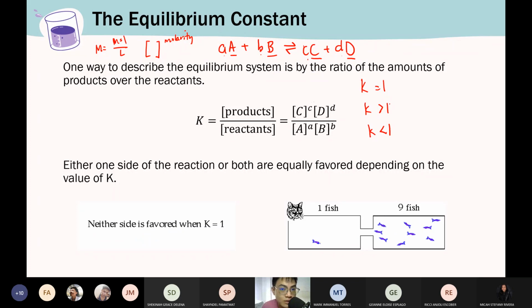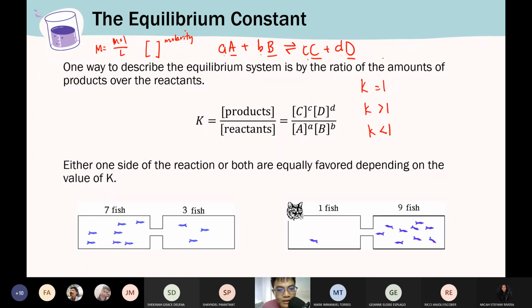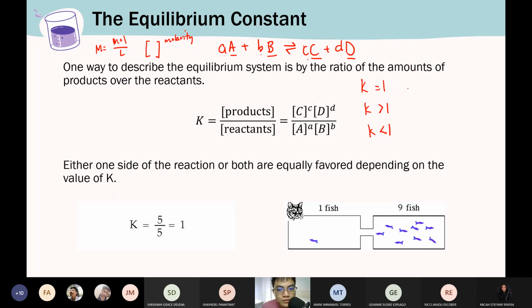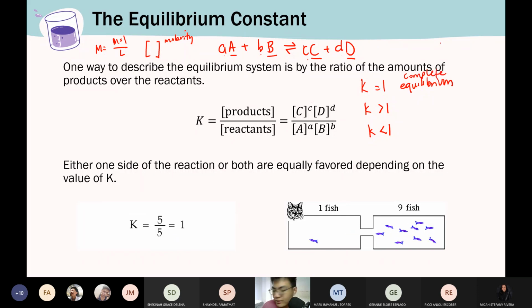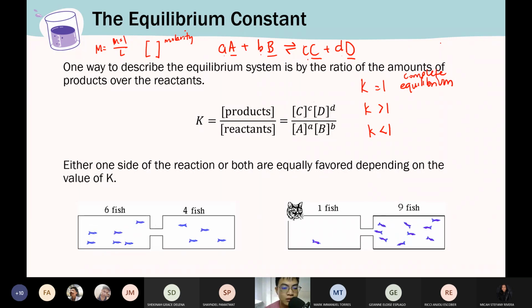So, these are the three possible values for your K. Now, what does it mean if your K is 1? If your K is 1, meaning you achieve complete equilibrium. Medyo impossible to mangyari. But yan. So, if your K is 1, then you achieve complete equilibrium.